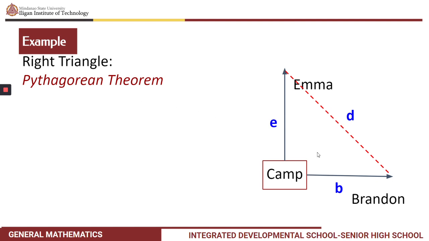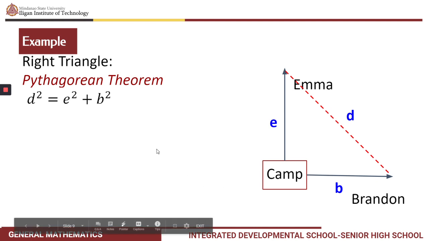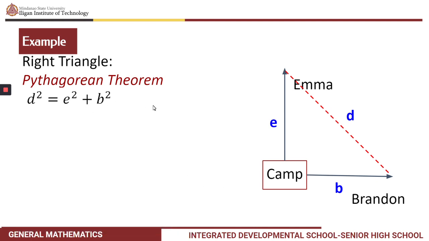With this, we'll have D squared equal to E squared plus B squared using the Pythagorean theorem. Okay? So how can we relate it with our situation? We're looking for D, so we need to square root both sides. So we'll have the square root of the sum of the squares of E and B is equal to D, which is the distance of Emma and Brandon.